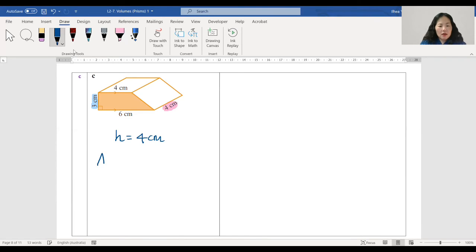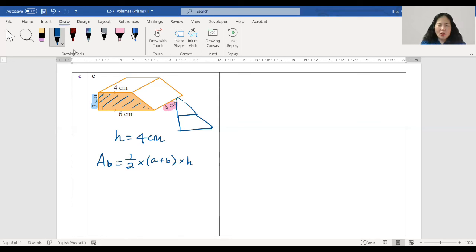And now I need to find the area of base. So I'm looking at a trapezium here. The trapezium is something that looks like a triangle. You can form a triangle with this. So a half times base times height. But with the trapezium, you have 2 bases, one on top, one on bottom, and then height.